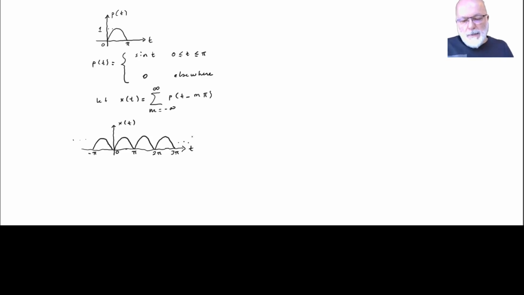Okay, so how can we obtain the Fourier series representation of x of t? First of all, x of t is, as you see, equal to x of t plus pi. This is of course valid for all values of t.